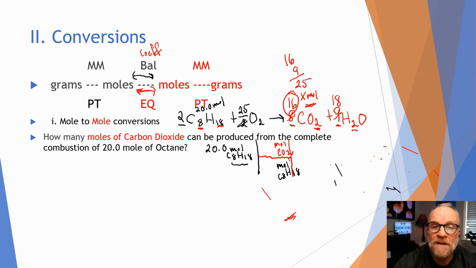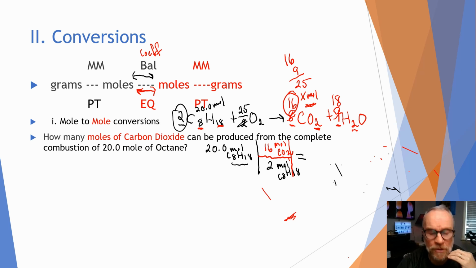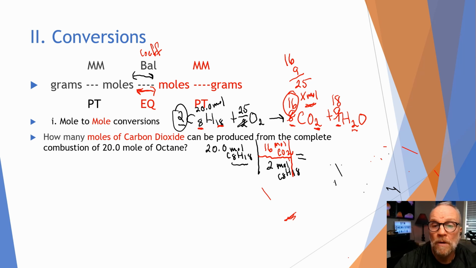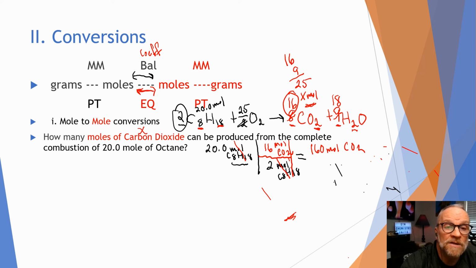Well, 16 goes next to that one, right? And what goes next to the octane would be 2. So now we have 20 times 16 divided by 2. And I get 160 when I did that. So you would end up with 160 moles of CO2. The moles of octane cancel out, and we're left with moles of CO2. And that's what we were asked to solve for. That was our X. So we're in good shape there.